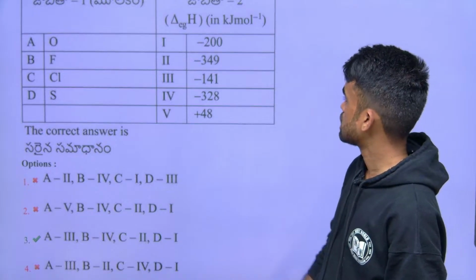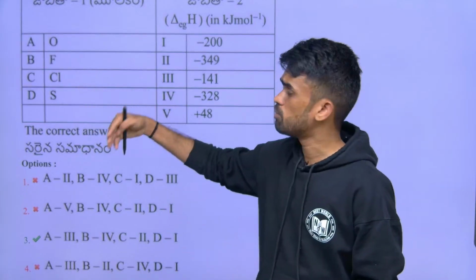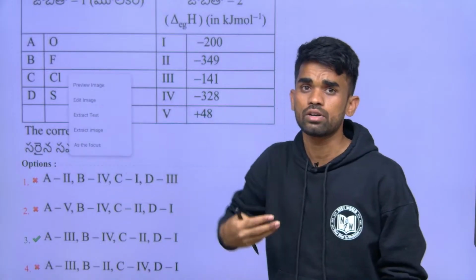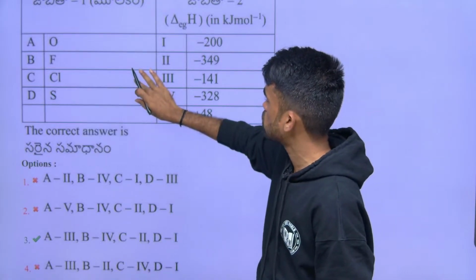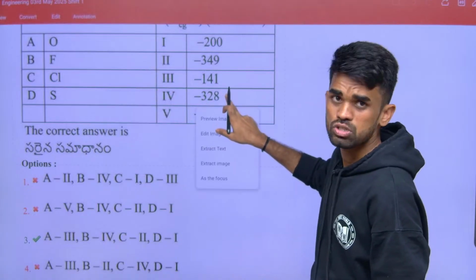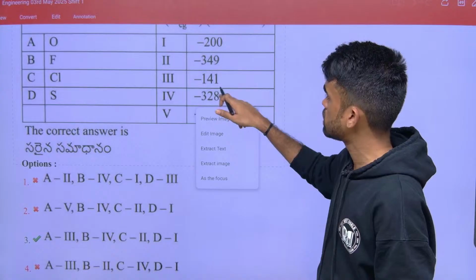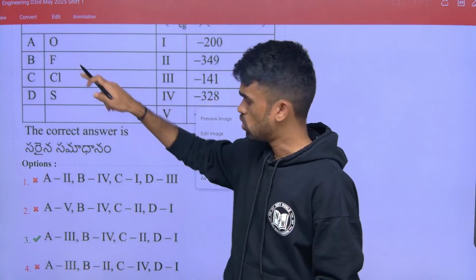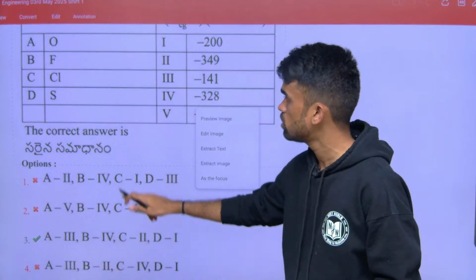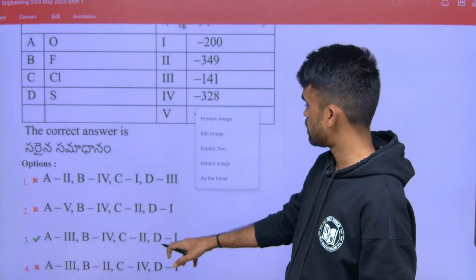Then after chlorine, the next most negative electron gain enthalpy is for fluorine, which is 328. So B4. So B4, A3, B4, C2, and for sulfur we have D1.